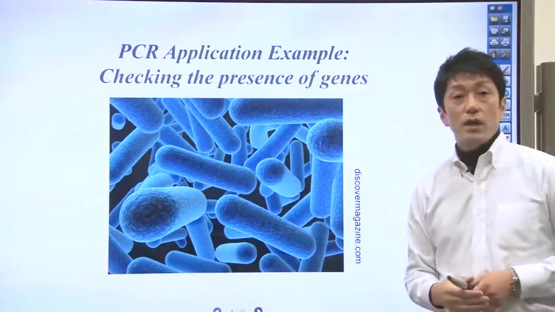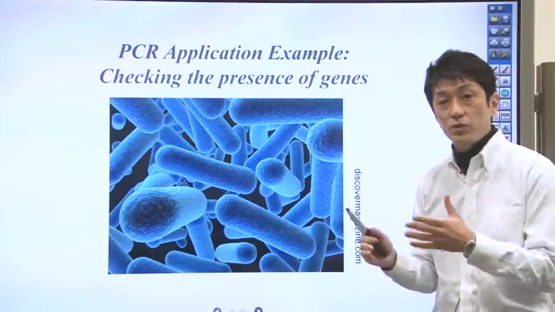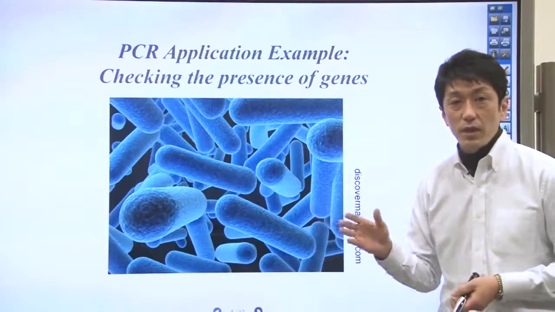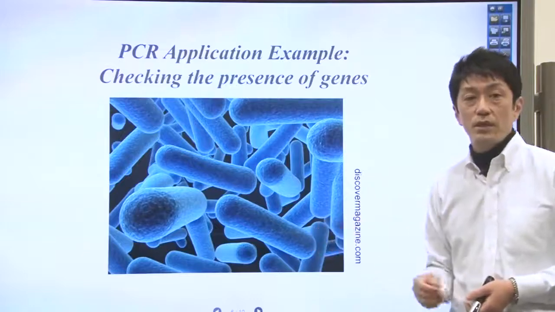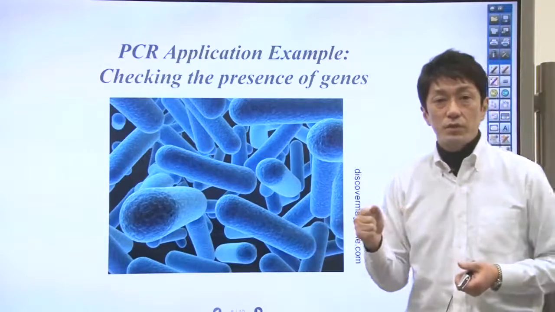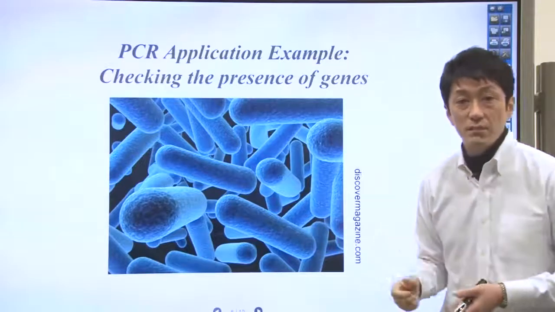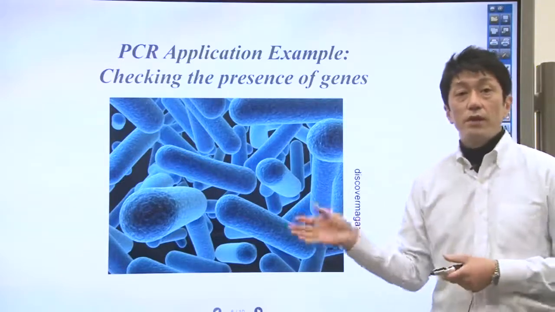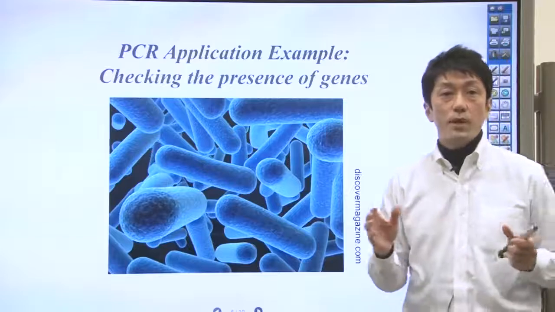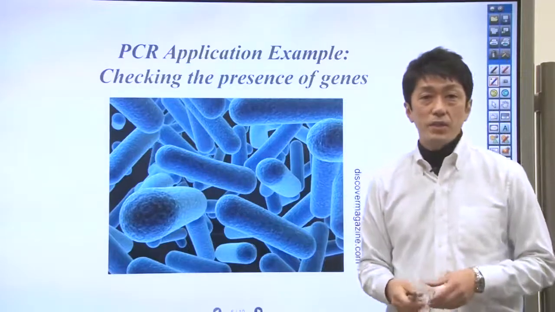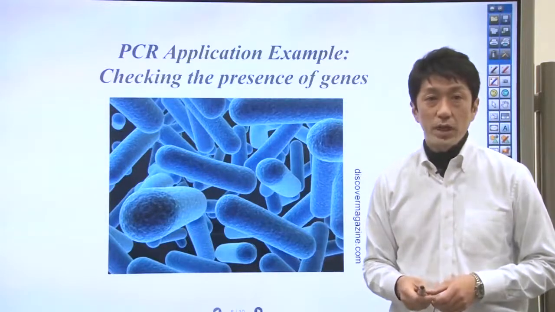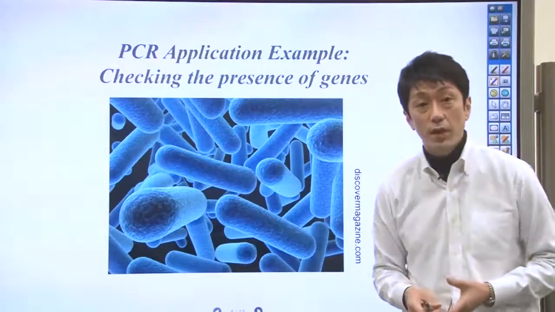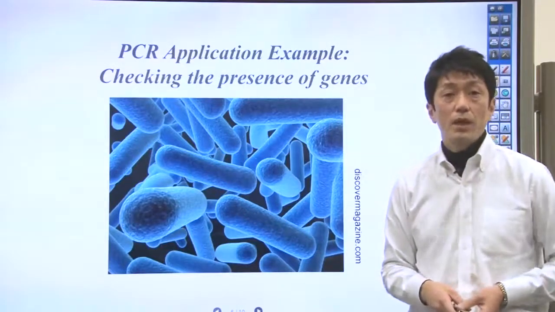By using primers specific to bacterial DNA, the DNA of bacteria will be amplified by PCR if the organism is present in the saliva. If the bacteria are not there, the DNA won't be amplified. The presence of a small amount of DNA can be determined by checking whether DNA is amplified by PCR.